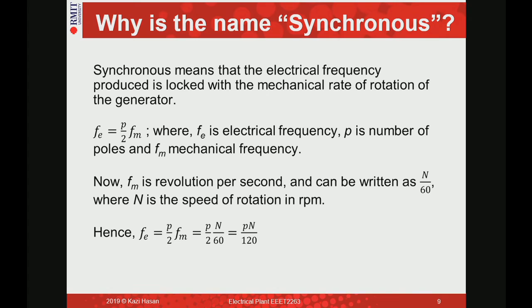Then it gives us this equation, what we have seen before as well. Now I think it is easy to remember and understand this equation: the relationship between pole and speed of the machine with the electrical frequency. So remember this, why it is synchronous.